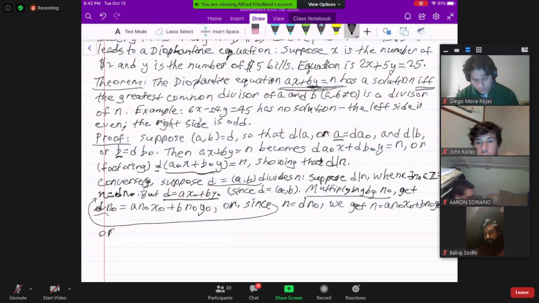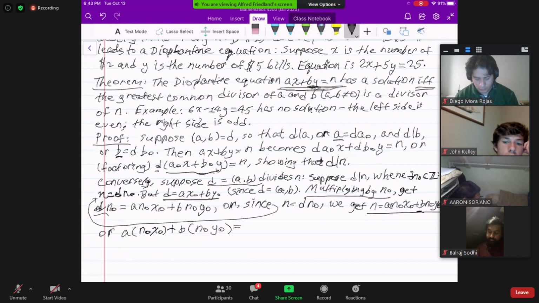Since I have the N on the right side, let's write this on the left side as A times (N sub 0 X sub 0) plus B times (N sub 0 Y sub 0) by the associative law, and that equals N. And so look at this now.